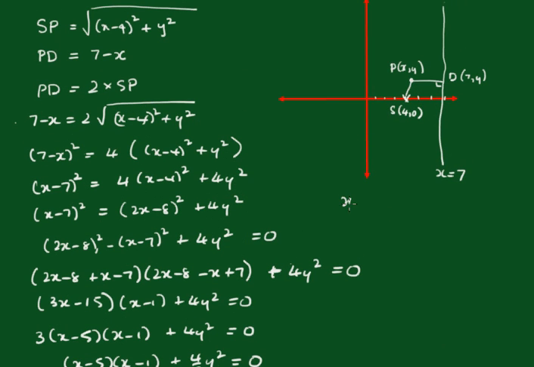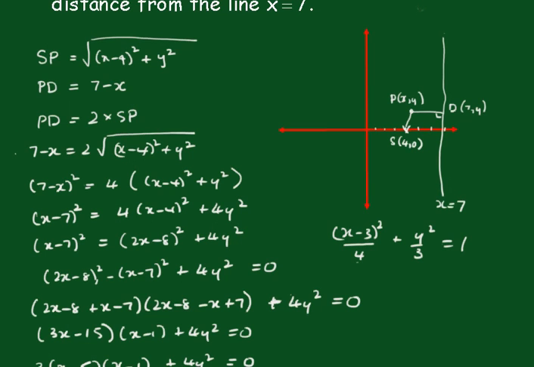Let's remember (x minus 3) all squared on 4 plus y squared on 3 equals 1. Now, in drawing this, if we let x equals 3, which is here, we can see that y squared is equal to 3, or y equals plus or minus root 3.